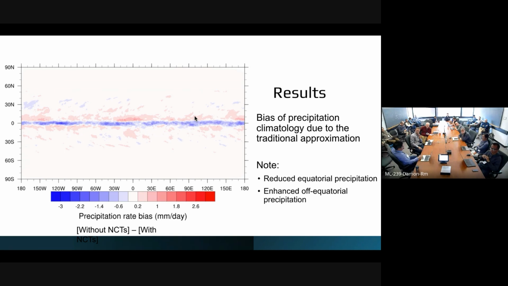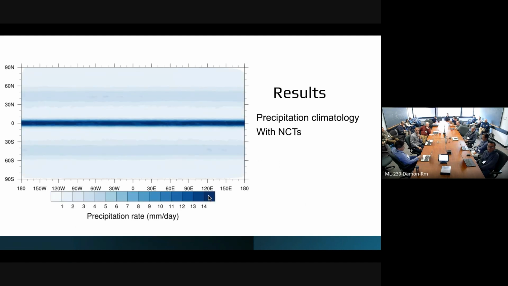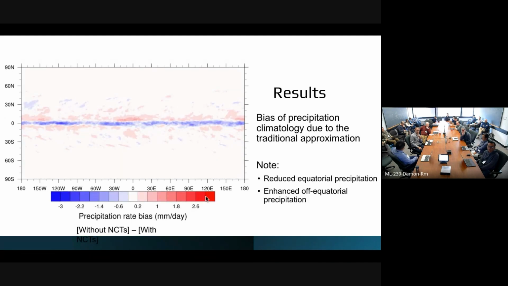We see red color in the off-equatorial area, meaning increasing precipitation, and blue color at the equator, which means reduced precipitation. And that reduced precipitation is 20% of the ITCZ precipitation maximum.